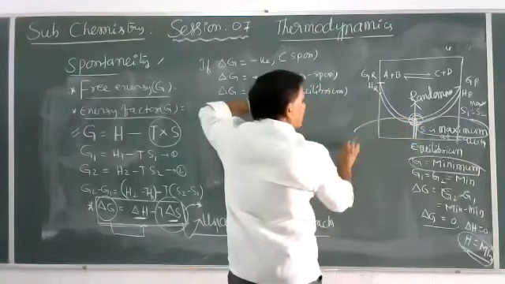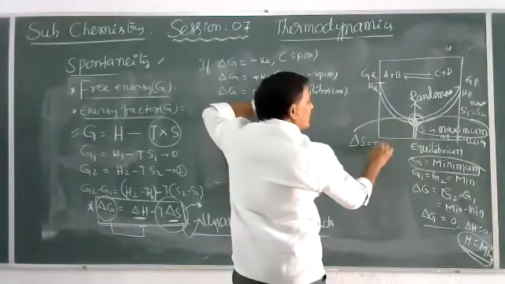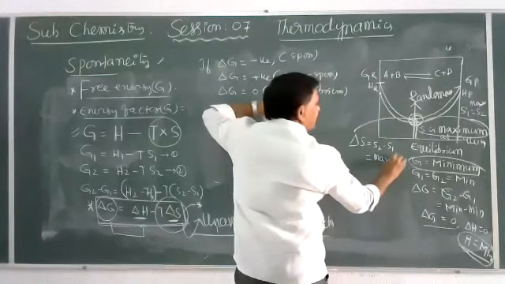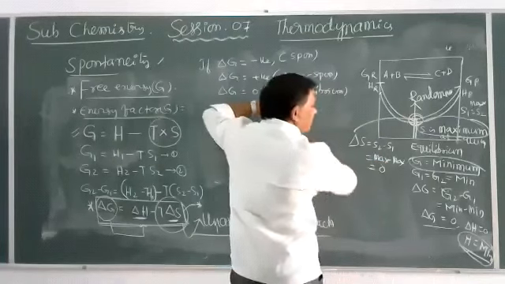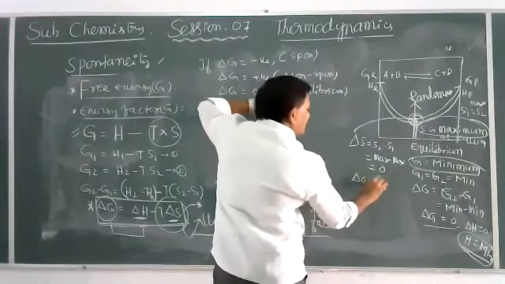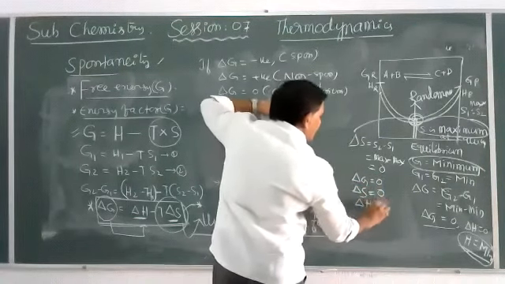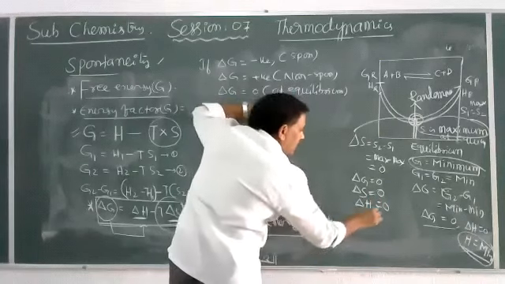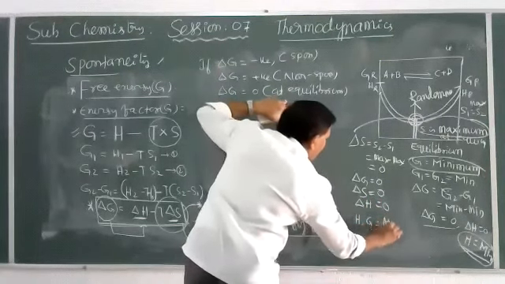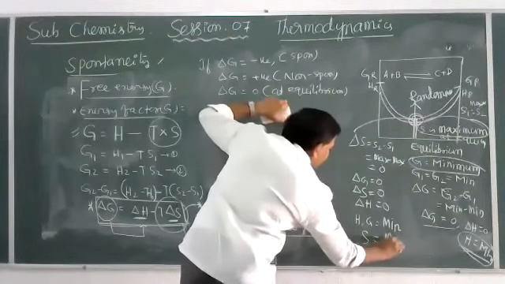That's why at equilibrium, delta S is equal to S2 minus S1, maximum minus maximum, that's why 0. So finally at equilibrium, delta G is equal to 0, delta S is equal to 0, delta H is equal to 0, but here H and G are minimum, and S is maximum.